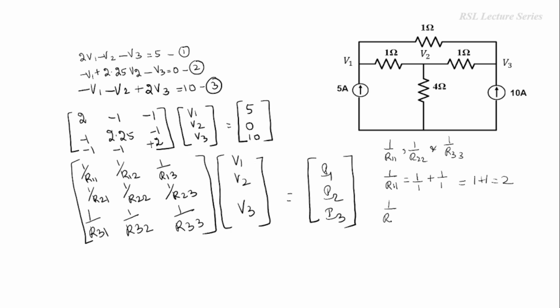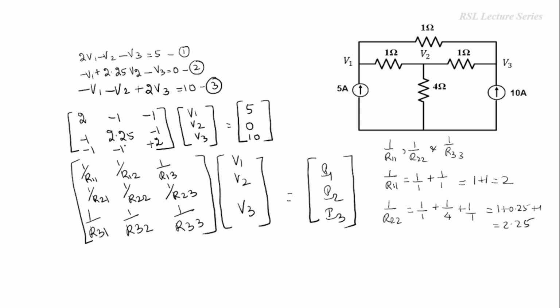Similarly for R22 we have to take the reciprocals and add. In node 2 we have three resistors connected, 1 ohm, 4 ohms and 1 ohm. So we have to take the reciprocals for these three, that is 1 by 1, add them together, 1 by 4 plus 1 by 1. So this is 1 plus 0.25 plus 1, so 2.25.